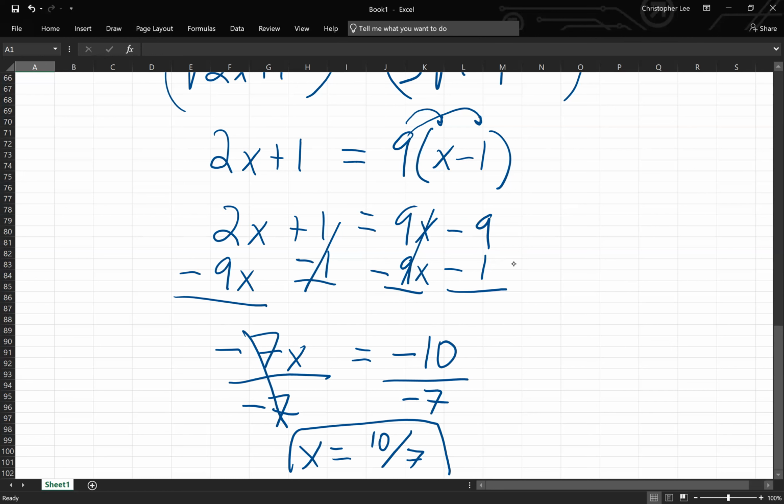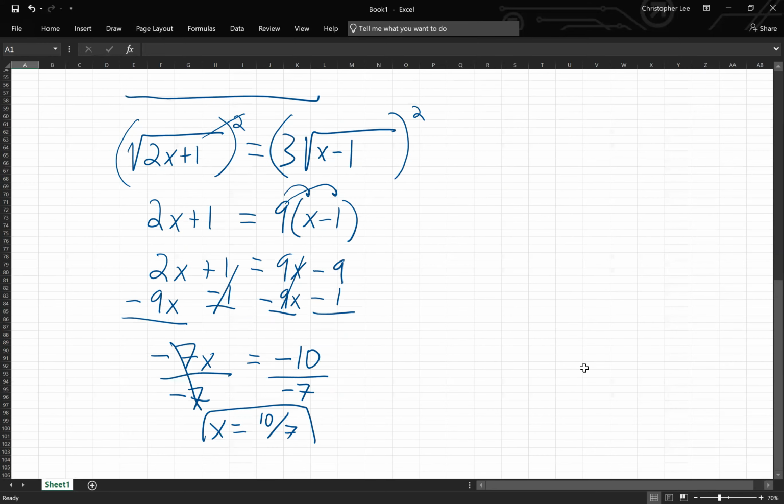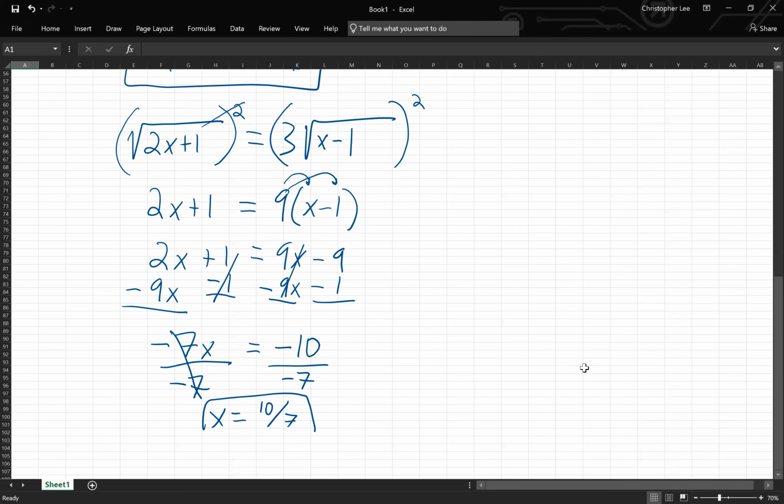Does it work? I don't know. Plug it in and see. Just square it with everything else.